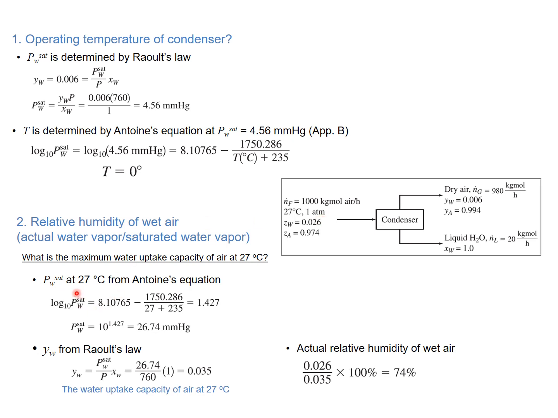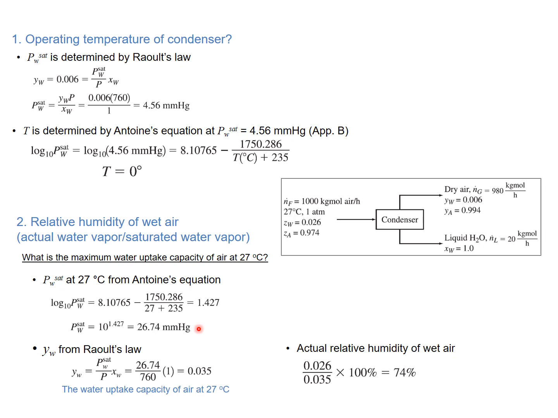First, we can calculate the saturation pressure of water at 27 Celsius degree by using the Antoine equation. So this is the Antoine equation at 27 Celsius degree. Then the log of the saturation pressure is 1.427. So finally 26.74 millimeters Hg is the saturation pressure of water in the air at 27 Celsius degree.